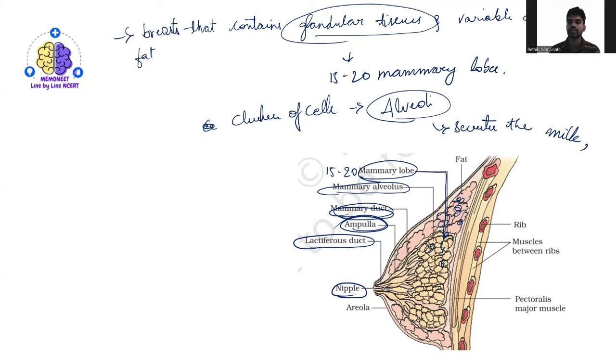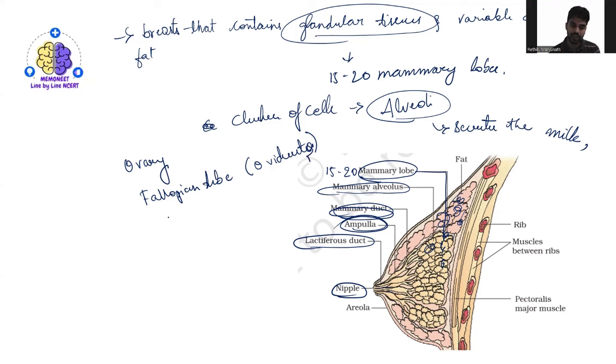Okay, so this is all about the female mammary gland and what exactly its internal structure is. So this is all about the female reproductive system. First we studied the ovary and its structure. Then we studied the fallopian tube, also called the oviducts.